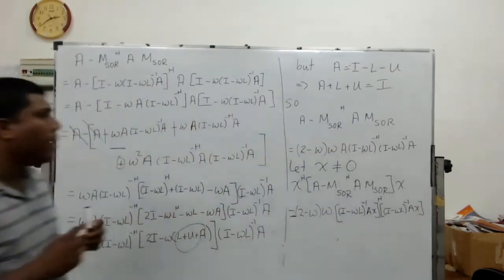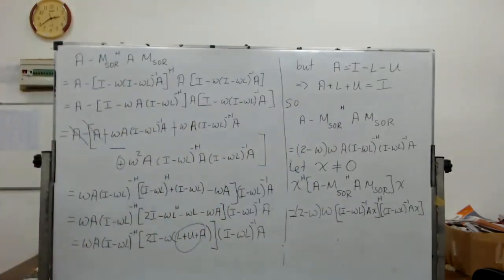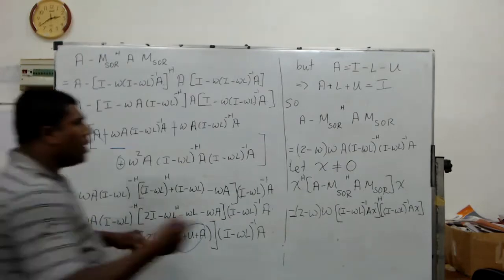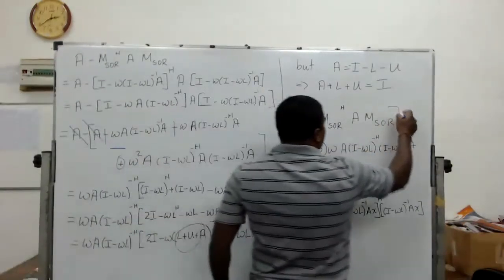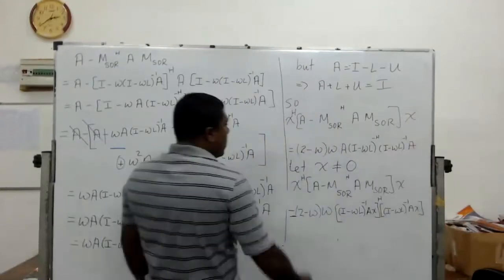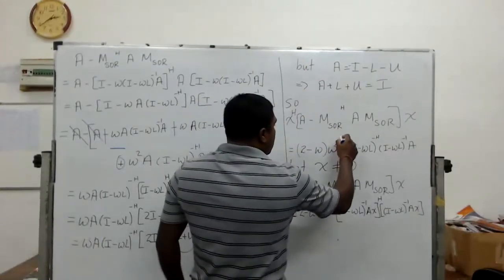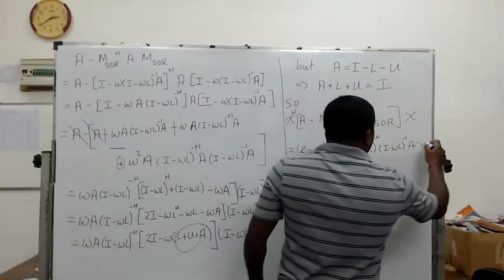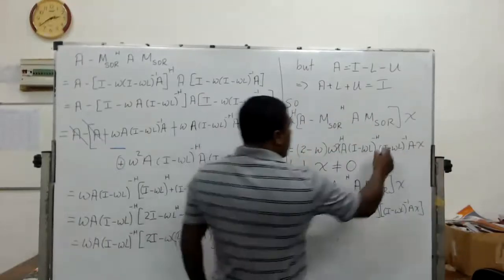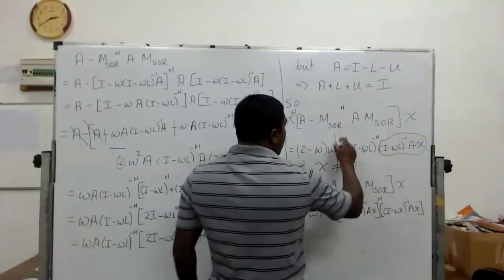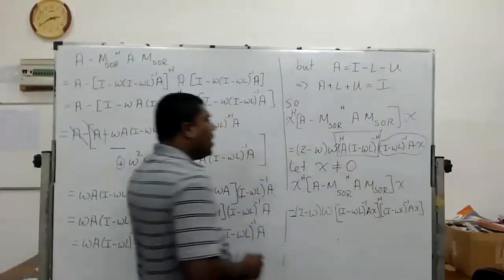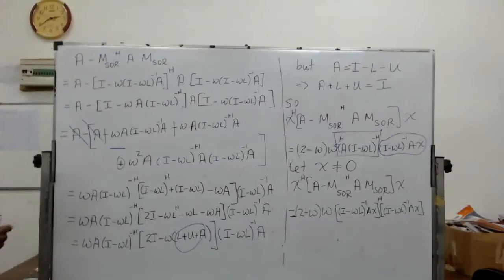Right? So when you multiply by x on both sides, when you multiply by x Hermitian and by x, eventually you will have an x Hermitian here and x here, right? So now if you take this whole thing together, then this boxed thing is the Hermitian of this.